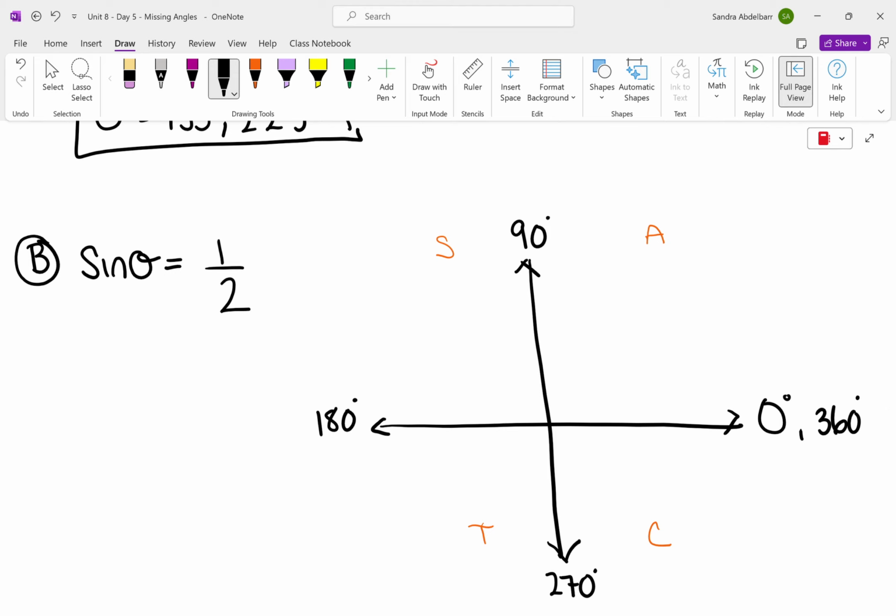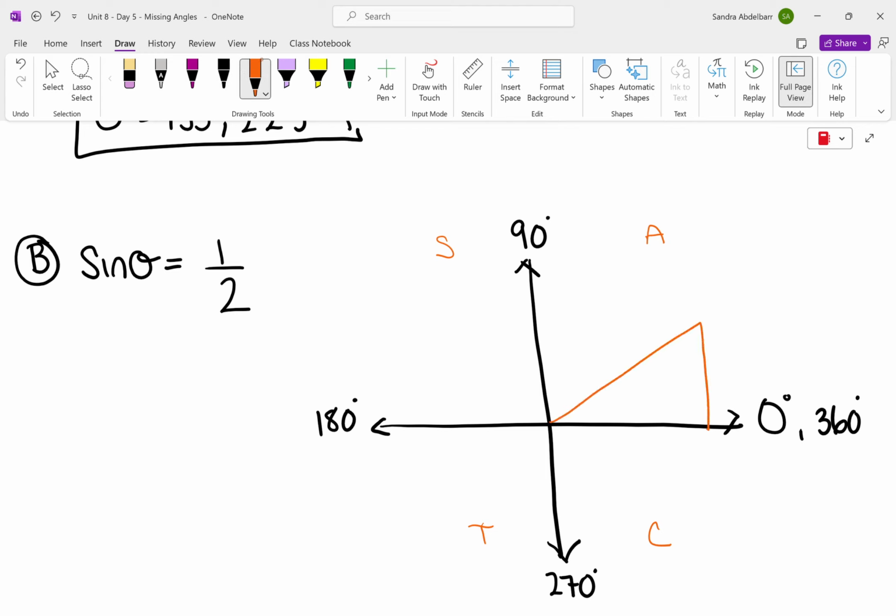Again, we're finding theta. But the sine of theta, isn't this positive? It's saying a positive. Danielle, are you with me? No, you're not. Take your AirPods out, please. All right, so the sine of theta is a positive 1 over 2. So we're going back to our all students take calculus. Where is sine positive in which quadrants? 2 and 1. So these two quadrants, sine is positive. So those are going to be the two angles I have to find.